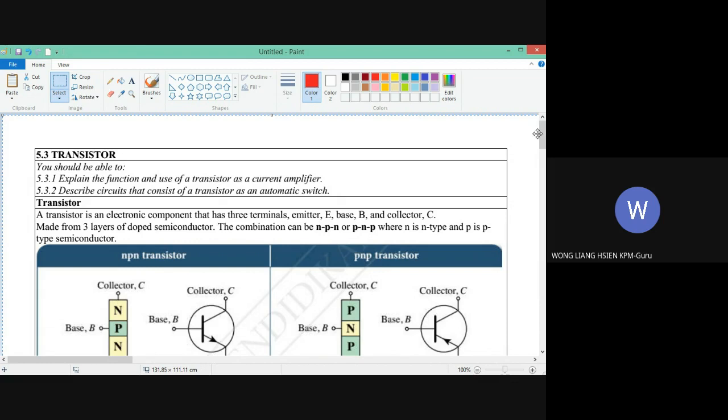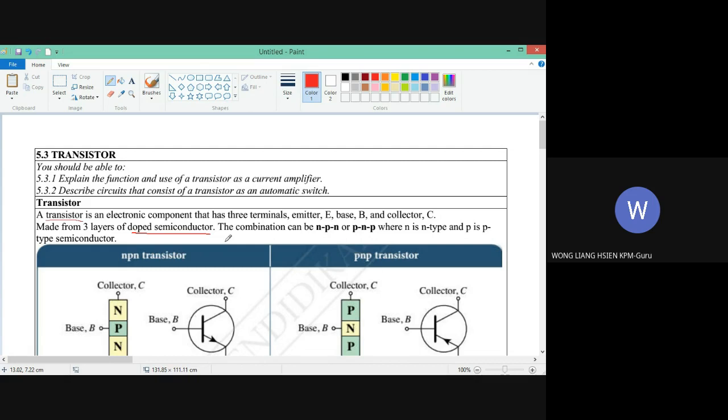Now let's look at the transistor. This transistor is similar to the semiconductor diode. That means it is also made from doped semiconductor, meaning semiconductors that are doped with extra electrons or doped with holes.